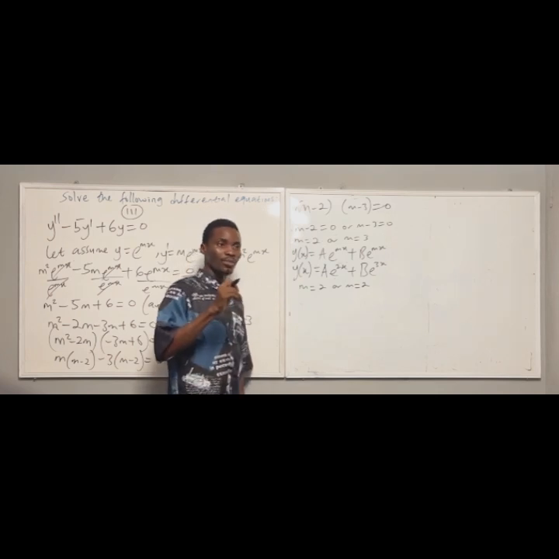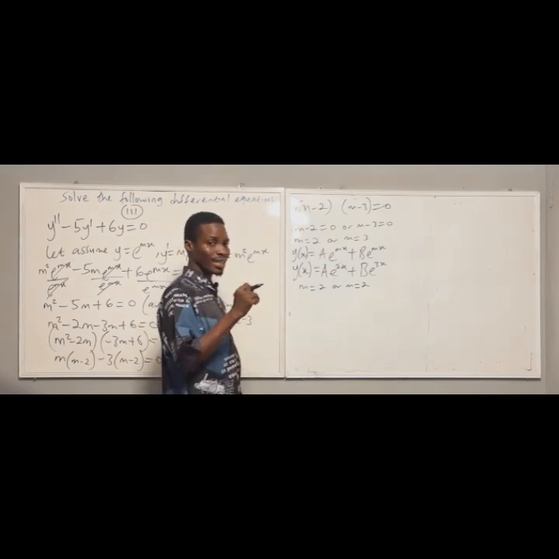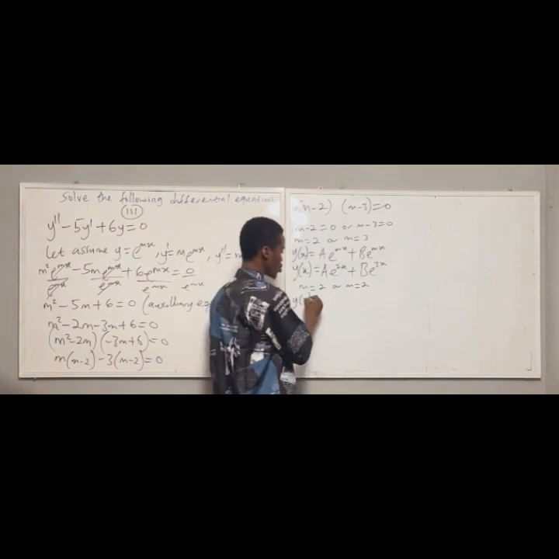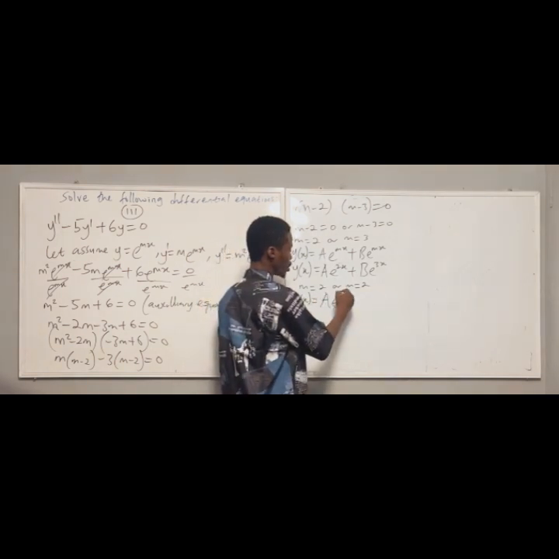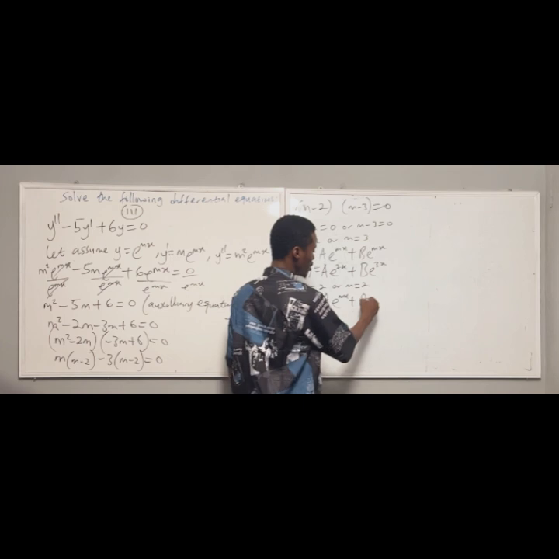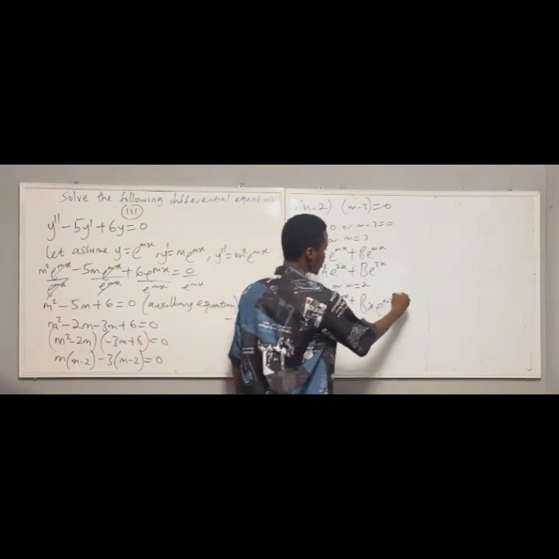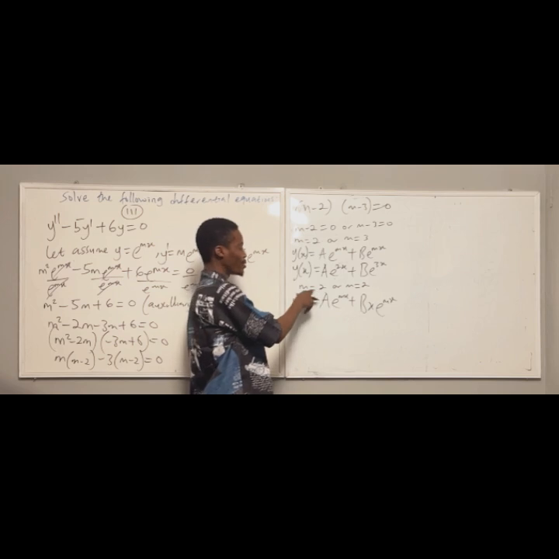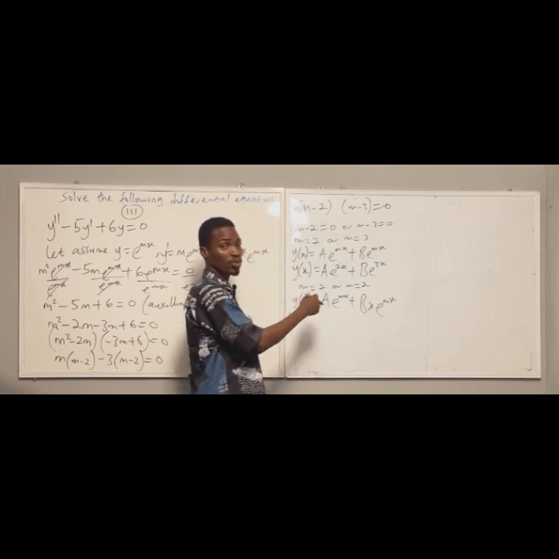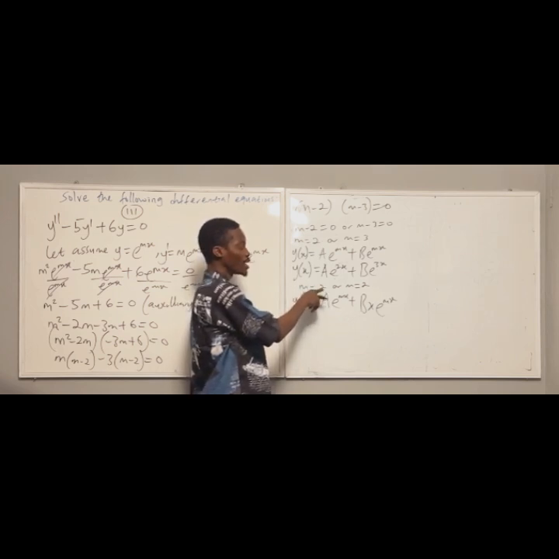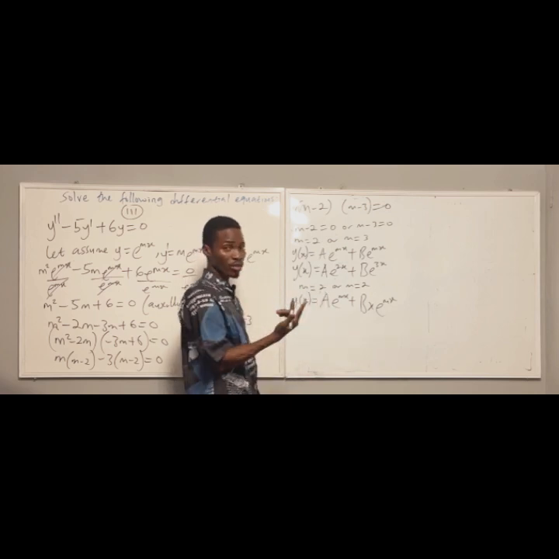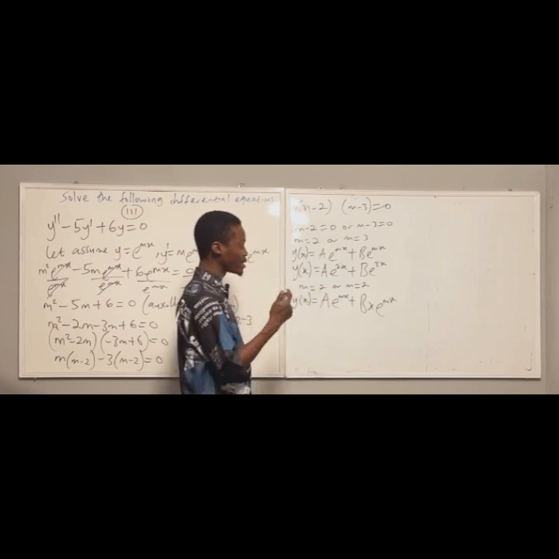Whenever I have the same root as my answer, my general solution will be y of x is equal to a e^(mx) plus b x e^(mx). Because my real root is the same.